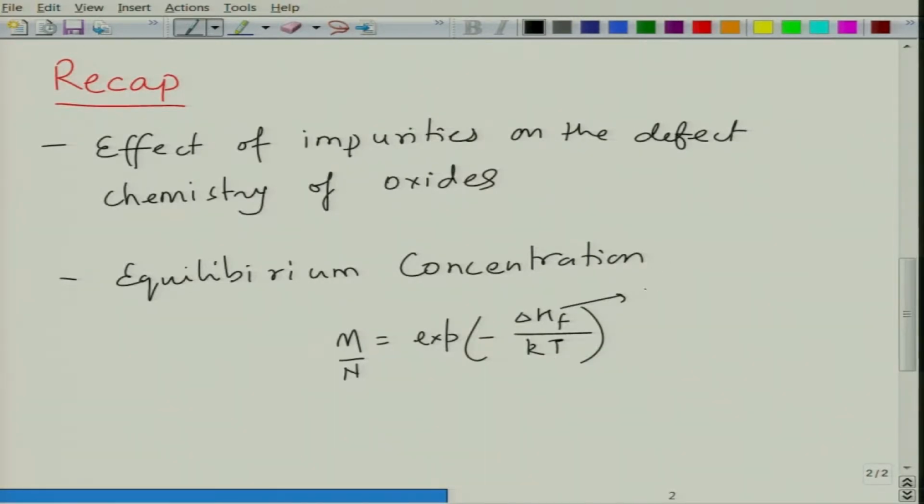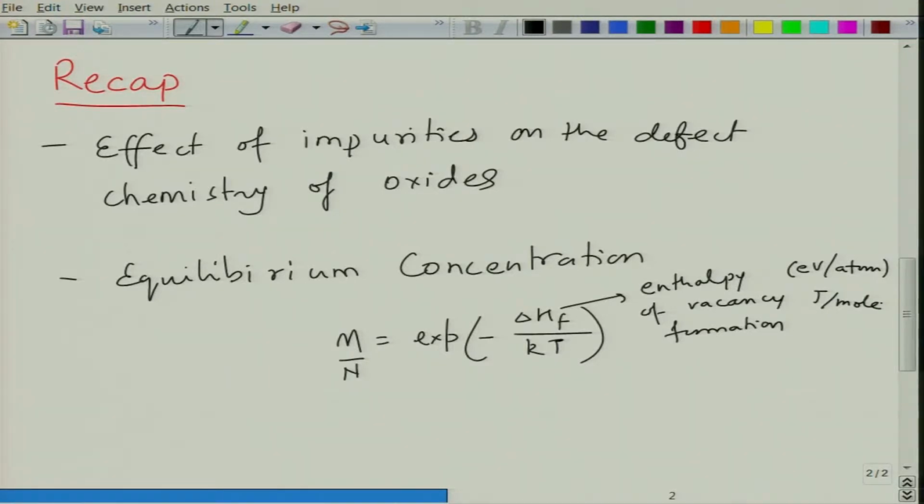This delta HF is basically the enthalpy of vacancy formation, and this could be in eV per atom, or it could be in joule per mole, and so on.